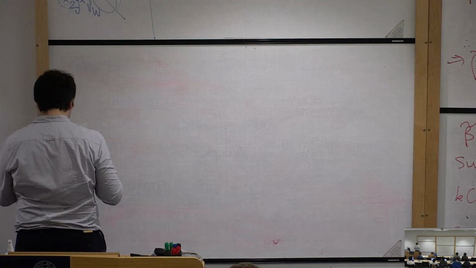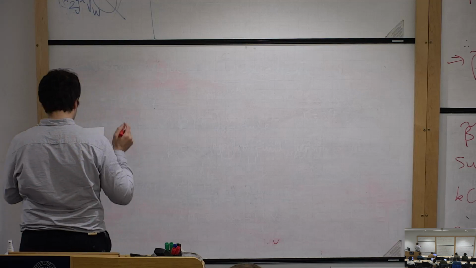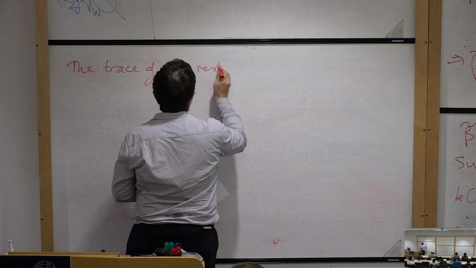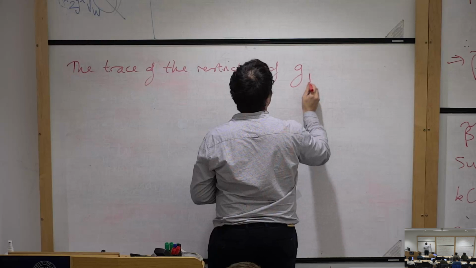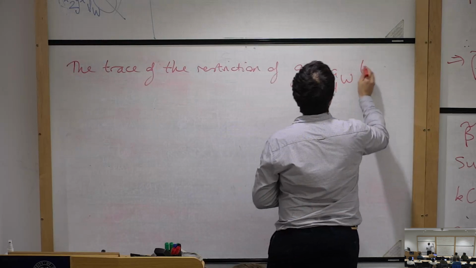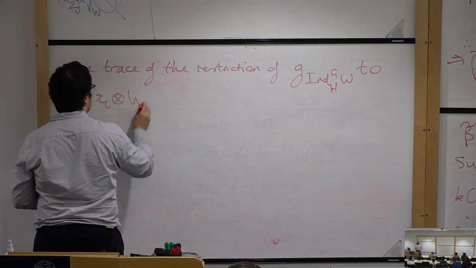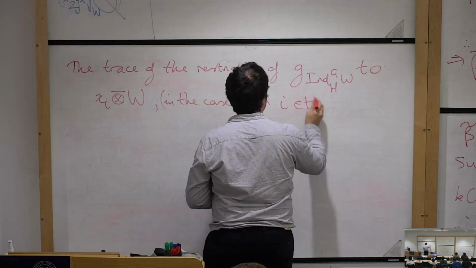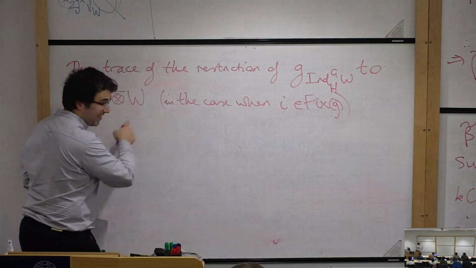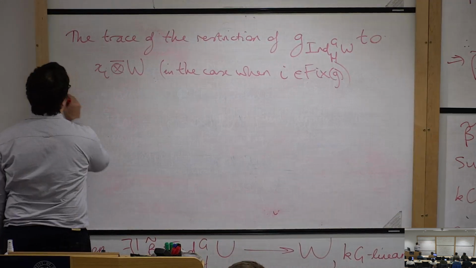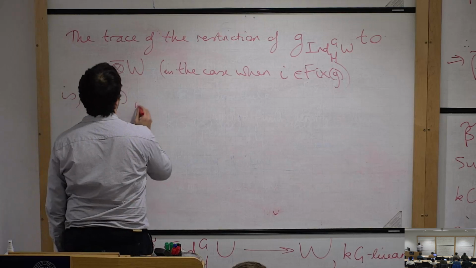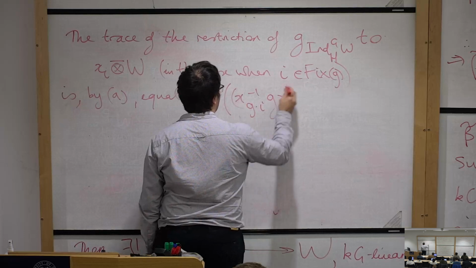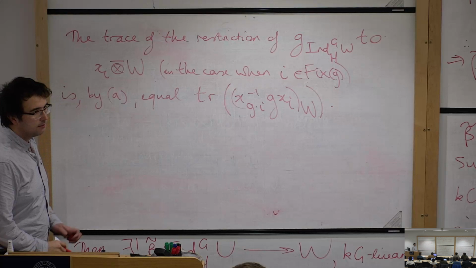Right. So, the trace of the action of G on the induced module restricted to a fixed block, in the case when i is fixed by g, and in that case alone, otherwise the statement doesn't make any sense, is phi part A of this lemma, equal to the trace of the action of x_{g.i} inverse g x_i from W. That's what you're going to get in the block form.